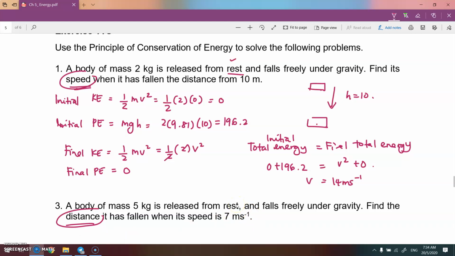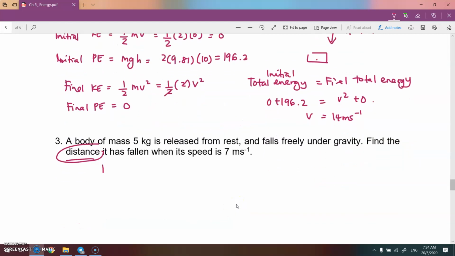Initial kinetic energy is equal to 0 because it is released from rest, so V is equal to 0. Your initial potential energy is mgh, so m, 9.81, and the distance is actually the height. You don't have any height here because you're going to find it.